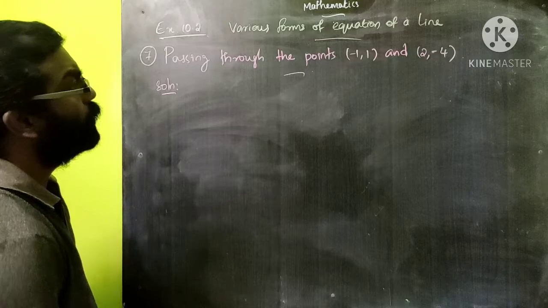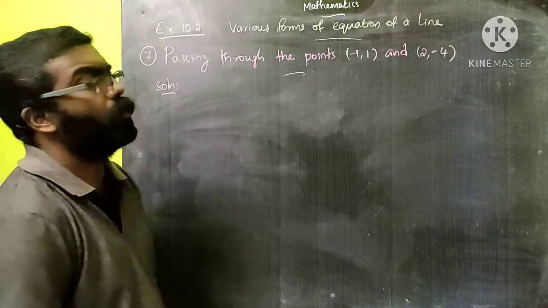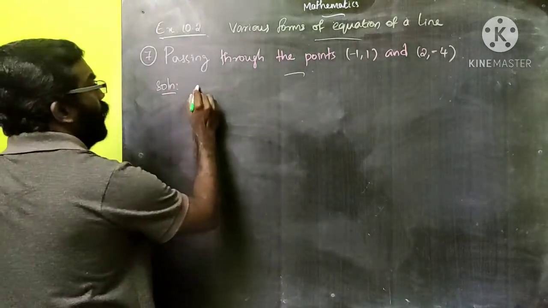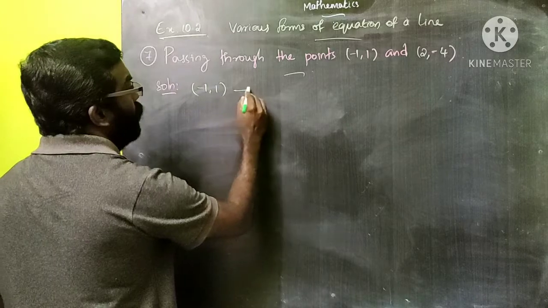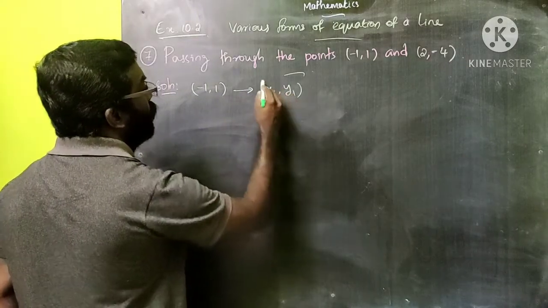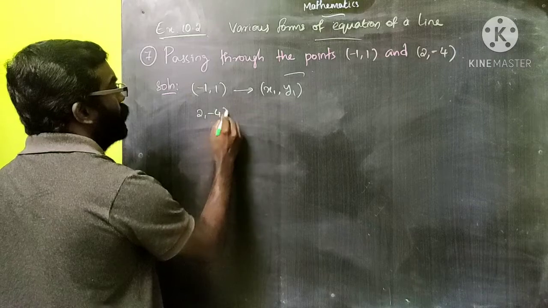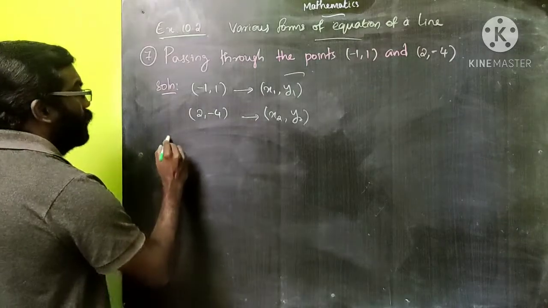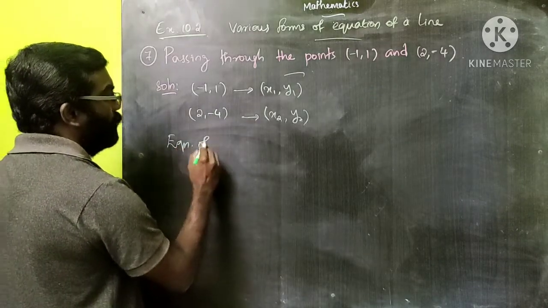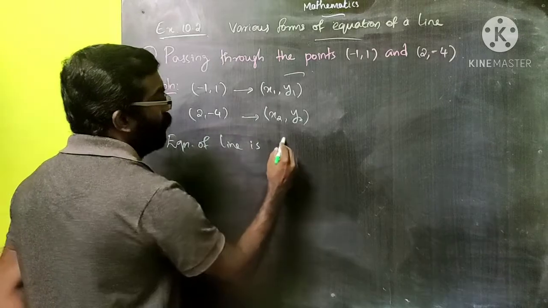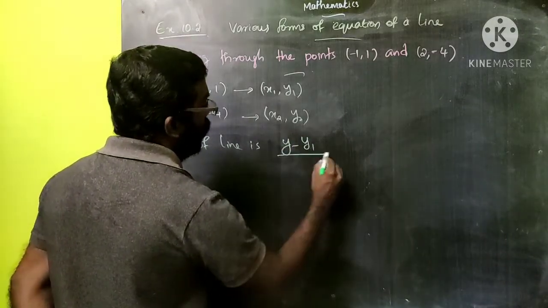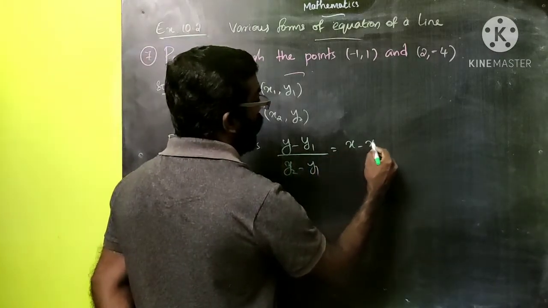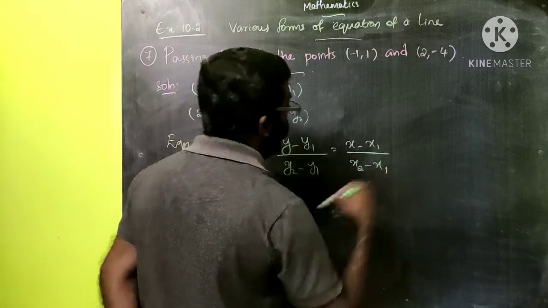Equation of a line passing through the points (minus 1, 1) and (2, minus 4). 2 points are given, so it is the 2-point form. Here we can take the point (minus 1, 1) as (x1, y1) and (2, minus 4) as (x2, y2). Now in 2-point form, the equation of a line is (y minus y1) by (y2 minus y1) is equal to (x minus x1) by (x2 minus x1).